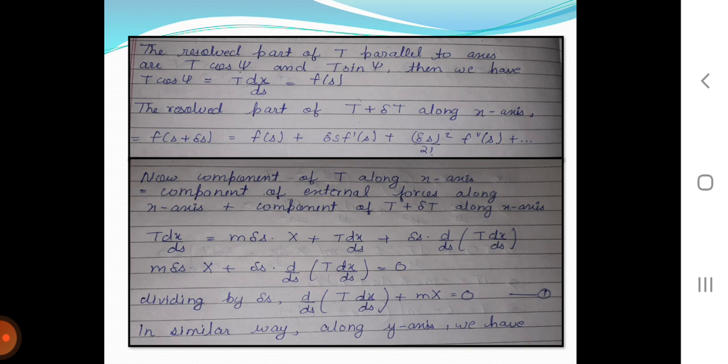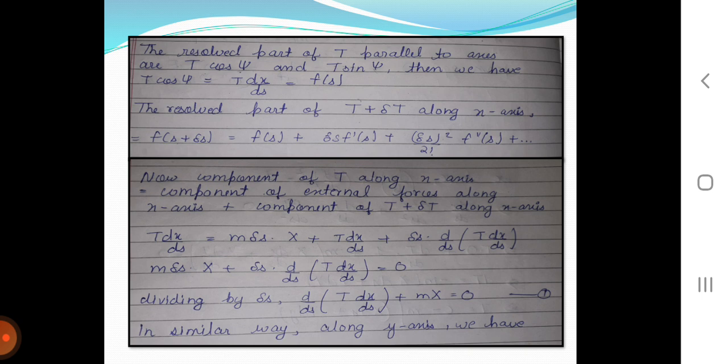Now m del s into x plus del s into d by ds in the bracket T dx by ds will be 0. Dividing by del s we get d by ds T dx by ds plus mx equals 0.